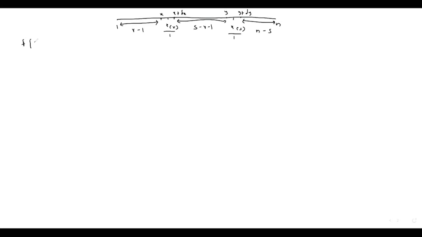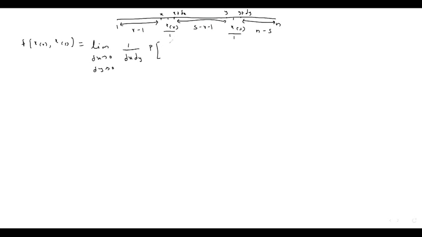f of x_(r), x_(s). This is equal to, I can write this as the limit delta x tends to 0, delta y tends to 0, 1 upon delta x delta y, probability that, now what I have, all the probabilities.